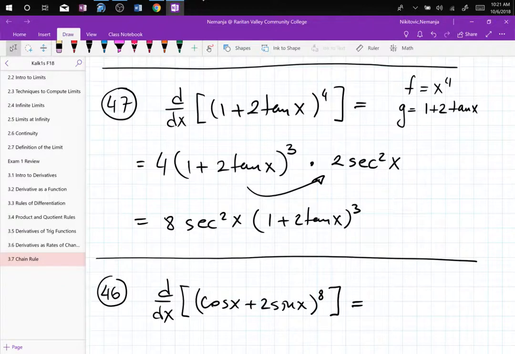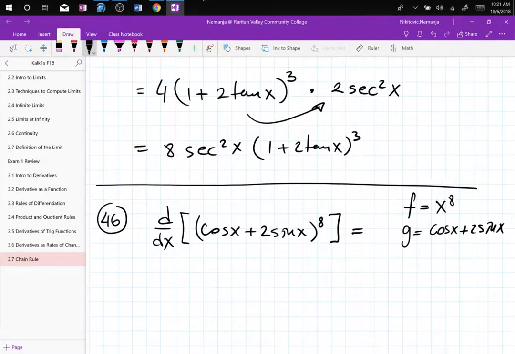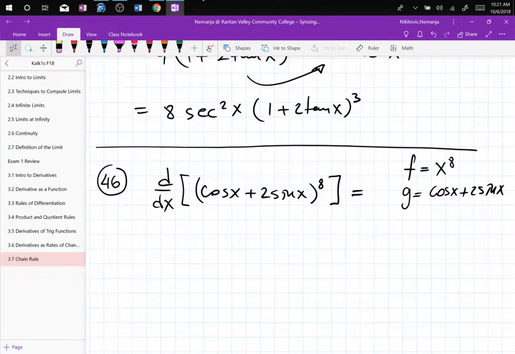All right, so what is the outer function f? x to the 8th. Very good. And the inner function g, then it's the cosine plus 2 sine, in the inside. Very good. All right, so now we have the derivative is 8x to the 7.